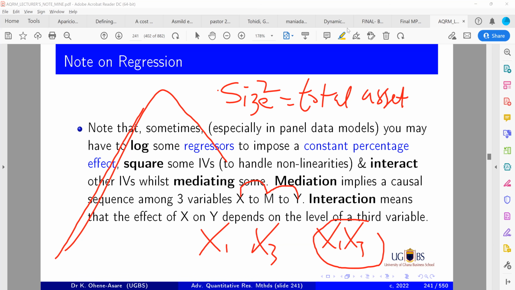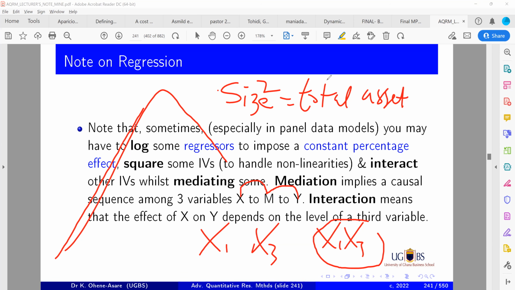Okay. So mediation is not generally done even in regression properly. So you use structural equations modeling to do mediation properly. So you can do it in a regression, but you have to kind of do a two-stage analysis.